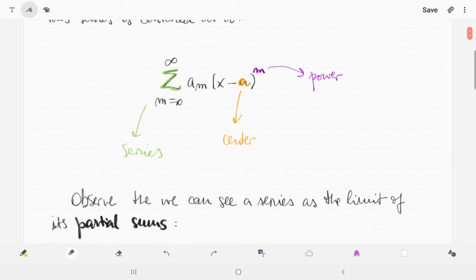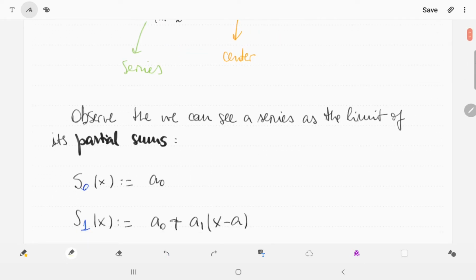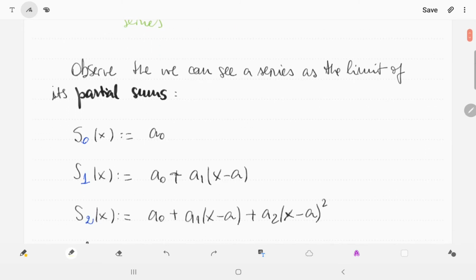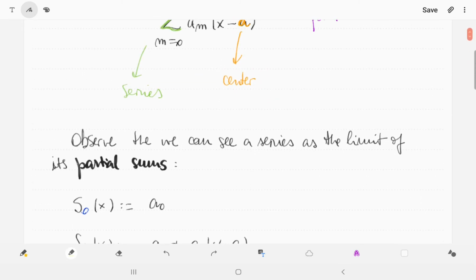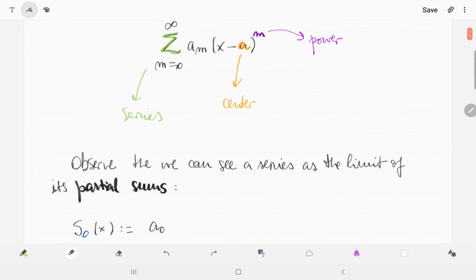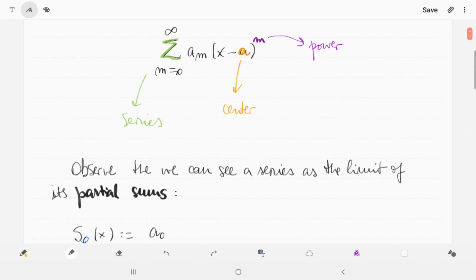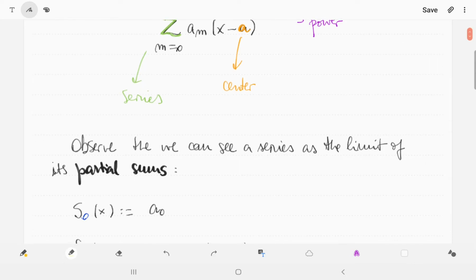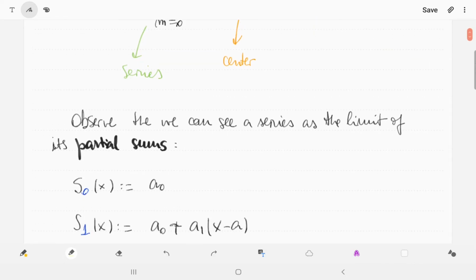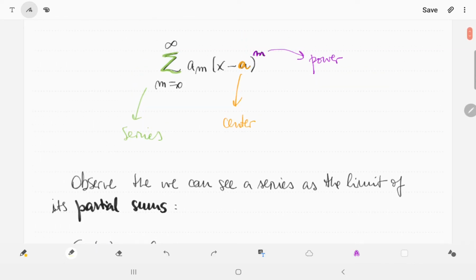Okay, so what is this element, mathematically speaking? Let's say we can see this element as a limit of what we call partial sums. Partial sums, maybe it is obvious from just the name, is summing only a few terms. The first terms, let's say, we start with m equals 0.